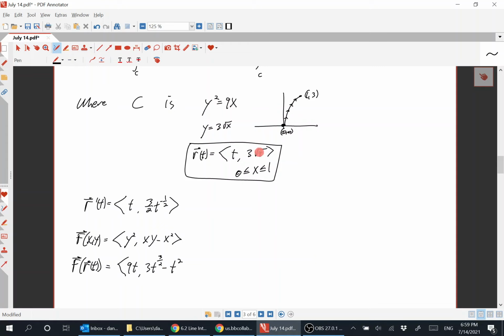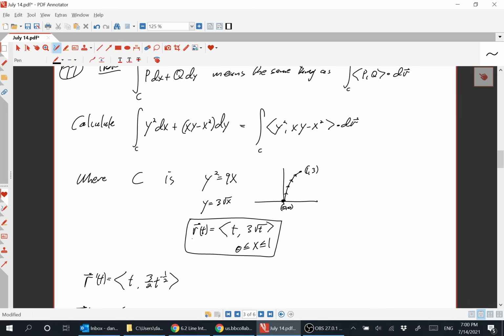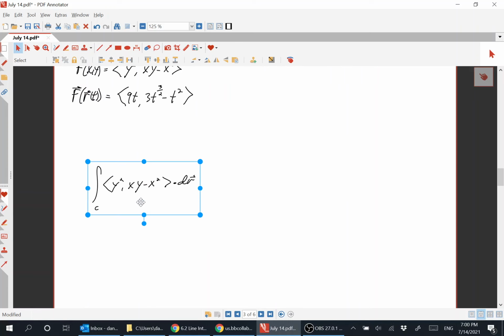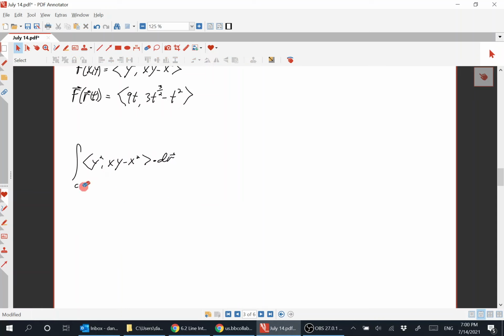Right, x times y is 3t to the 3 halves. All right, so that's f of r of t. So now the vector line integral, the work-related line integral, is equal to the integral from a to b of f of r of t dot r prime of t dt.